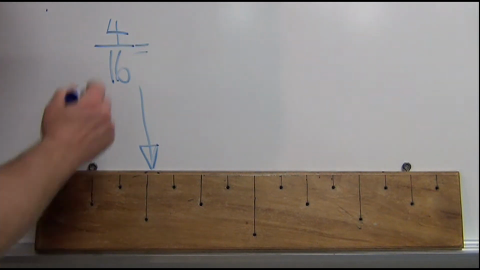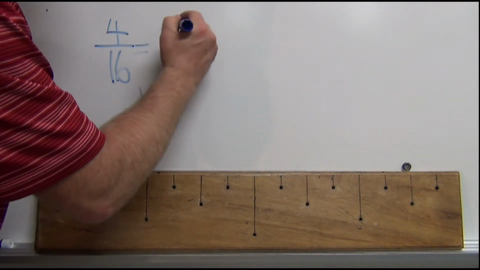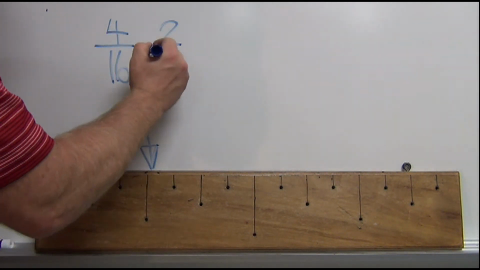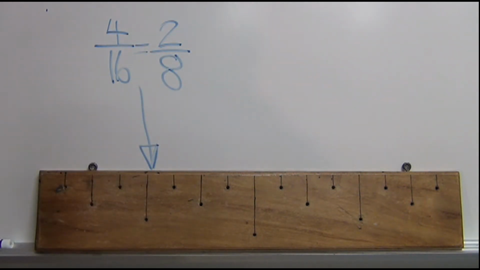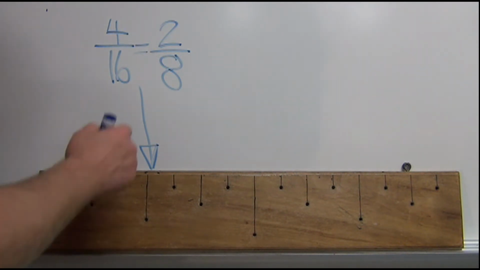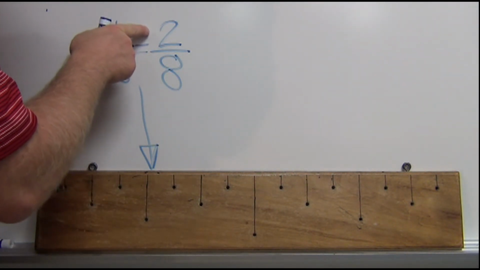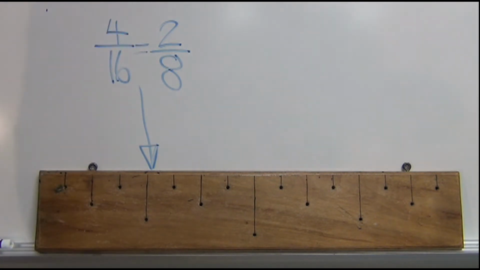So when we reduce this, 4 cut in half is 2. 16 cut in half is 8. But the only problem with my way of reducing is sometimes you get to where you need to be with an odd number on top and sometimes you don't. In this situation, you do not. The fact that we have a 2 on top, which is still an even number, means that we have to reduce again.